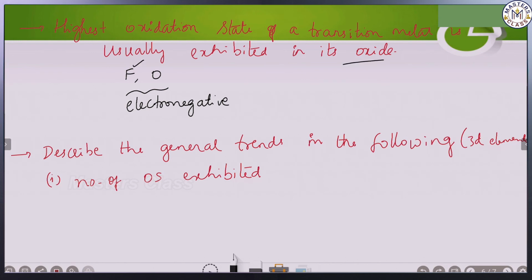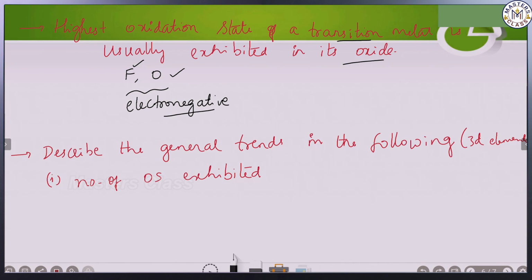Because of their oxidizing power or more electronegative nature, and since the transition metals have low ionization energy and smaller size, and the anions are more electronegative, their oxidation state is stabilized.